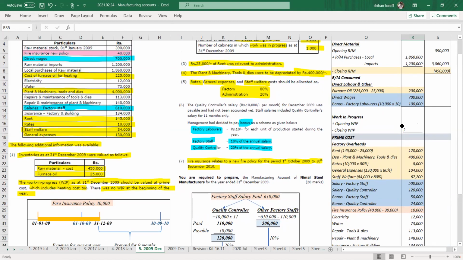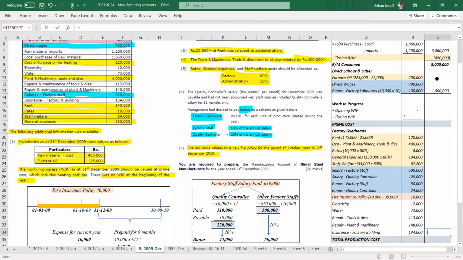Can you all calculate how much is the closing work in progress? Raw material consumed is total. Direct labor other 1 million. Can you all calculate how much is the closing work in progress and find out the total production cost.